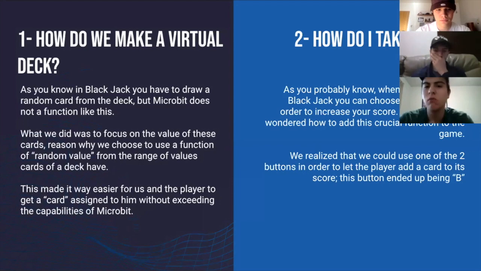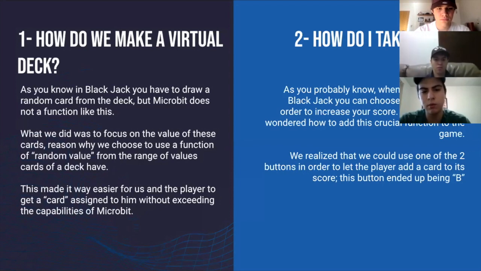What we did was to focus on the value of these cards, which is why we chose to use a random value function from the range of values cards of a deck have. This made it way easier for us and the player to get a card assigned without exceeding the capabilities of Microbit.